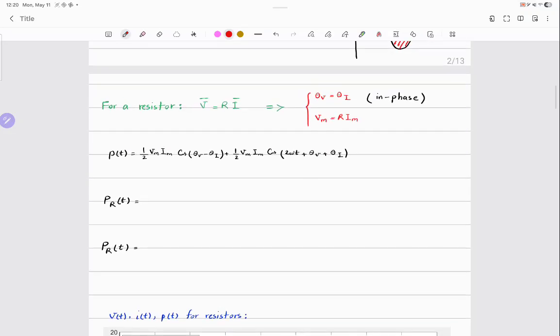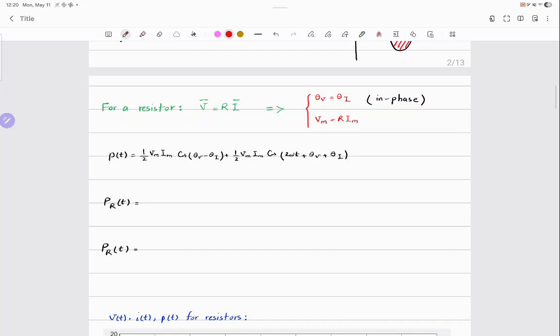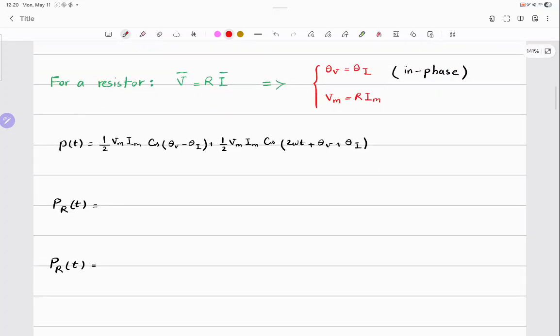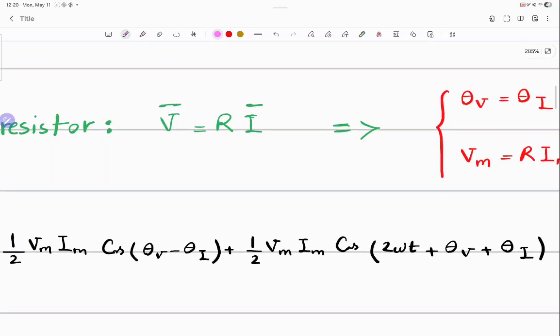Okay, let's apply everything that we have, every knowledge that I have so far, to specific components and see what happens. Let's start with a resistor. So, this is the phasor equation for a resistor. V bar is equal to R I bar. What is the label for V bar? What do you call V bar?